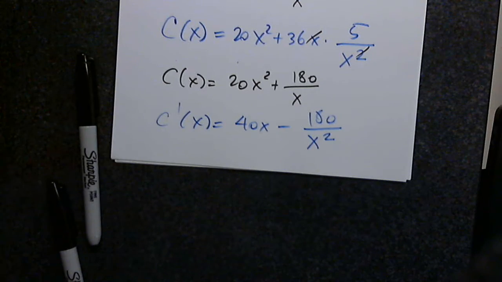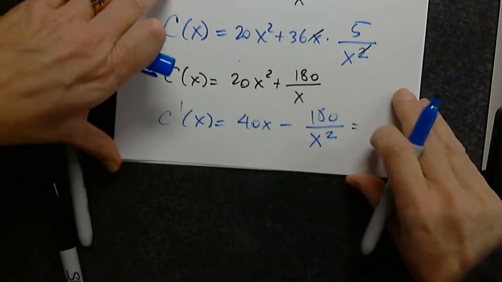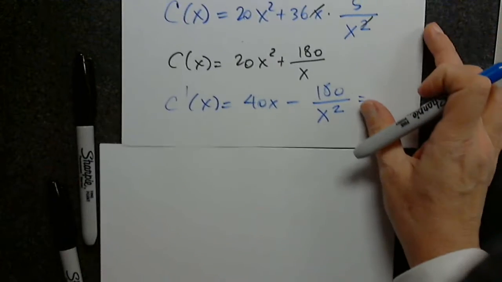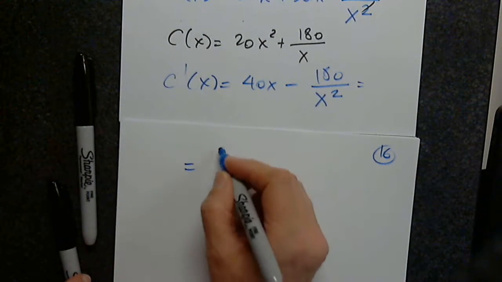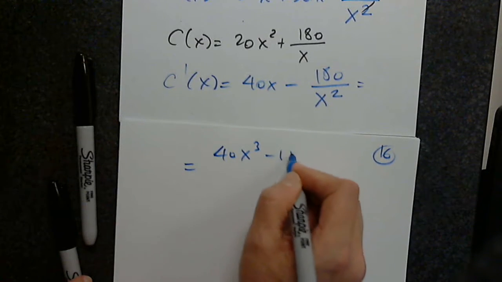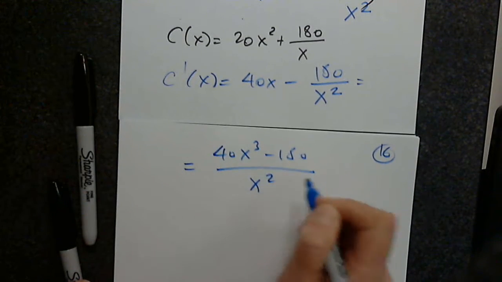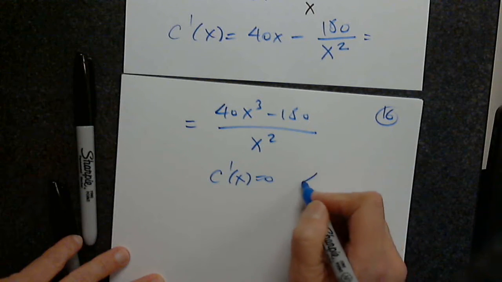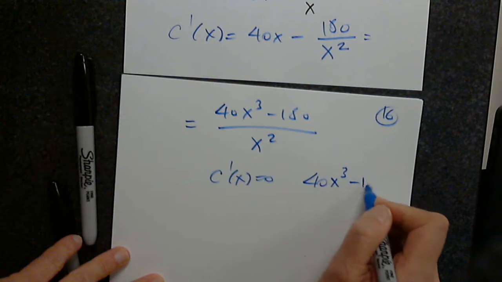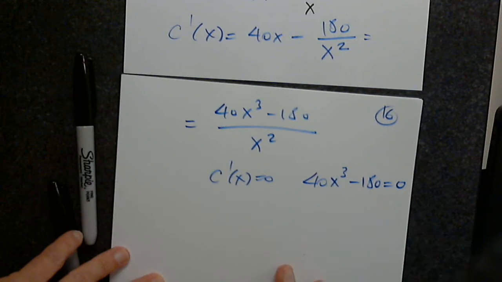Okay, so now I have to prepare it for setting it equal to 0. Do not just set it equal to 0. Change it into 40x cubed minus 180 over x squared. And this is what we set equal to 0, and we get 40x cubed minus 180 equals 0.